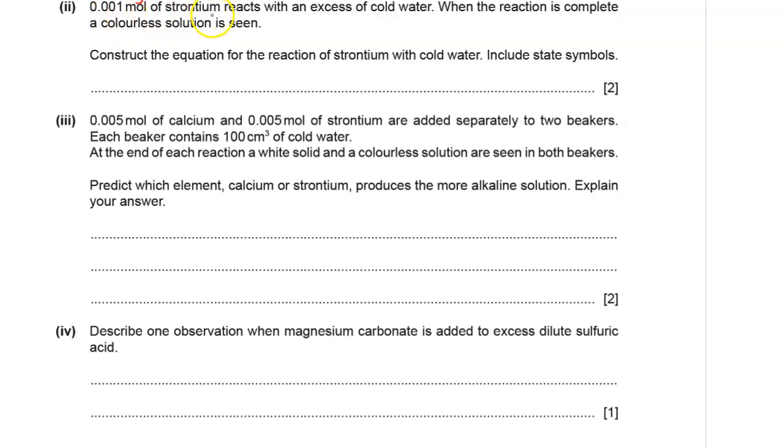Part 2. 0.001 mole of strontium reacts with an excess of cold water. When the reaction is complete, a colorless solution is seen. Construct the equation for the reaction of strontium with cold water. Include the state symbols. Strontium, Sr, is usually solid.